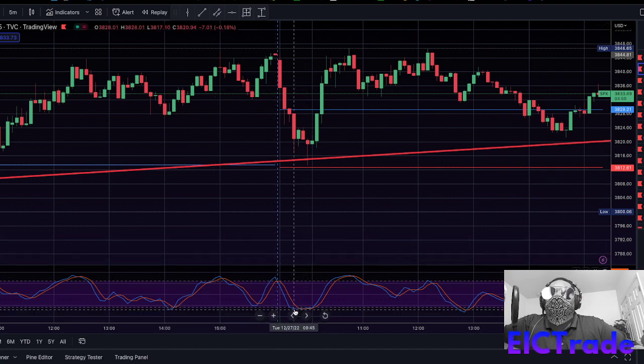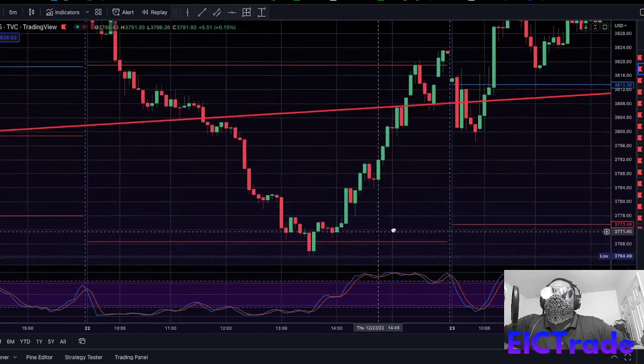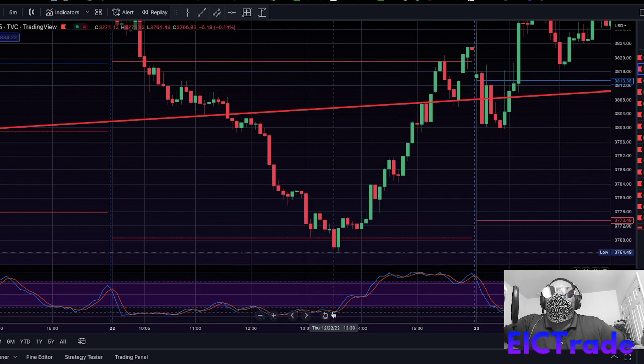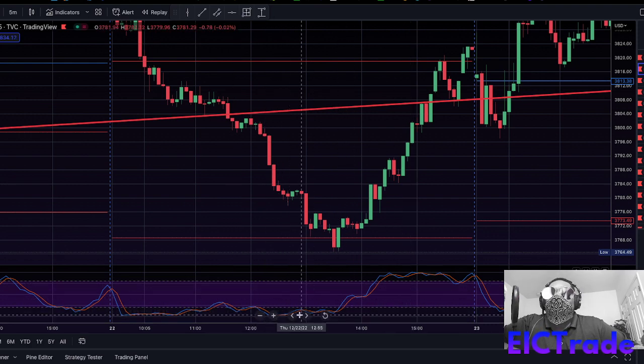So you don't want to trade upon the entry, or if it's just playing around below the overbought or oversold territory. You can have something like this day right here, where it started out in oversold territory and it just hung out there for most of the day before it decided to go back up. That's a trap you don't want to be in.